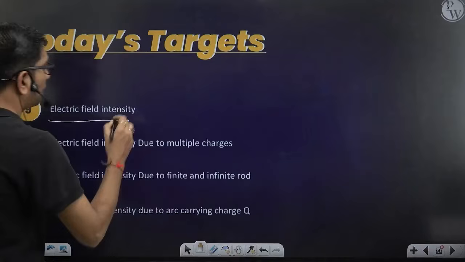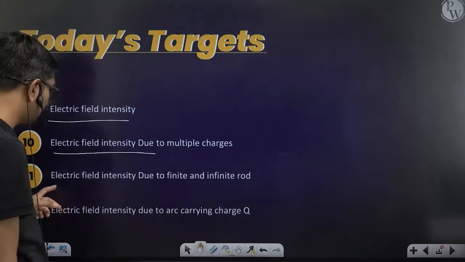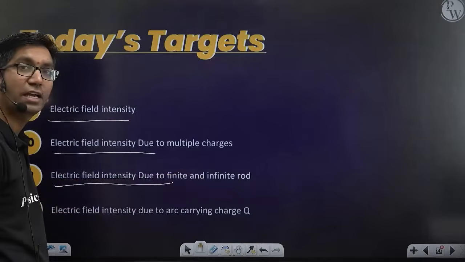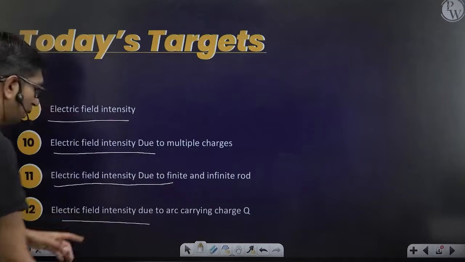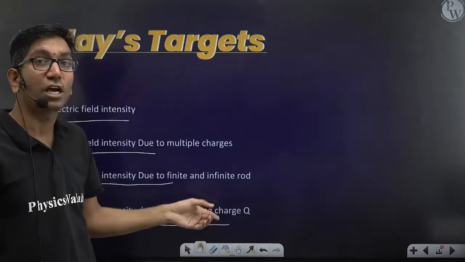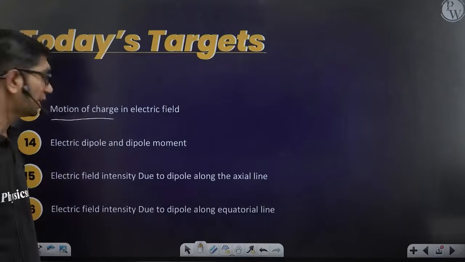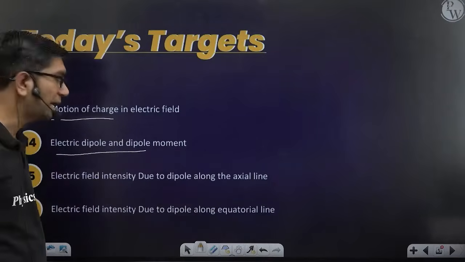Next, what is electric field intensity? Electric field intensity due to multiple charges, due to finite and infinite rod, and due to an arc carrying charge Q. Next, motion of charge in electric field, electric dipole and electric dipole moment.